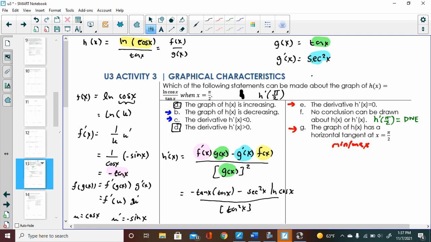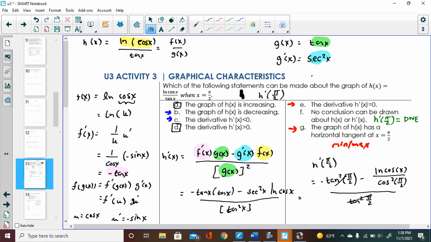So I'm going to simplify this a little bit, and I'm going to say h prime of pi over 2 equals negative tan squared of pi over 2 minus natural log of cosine of pi over 2 over cosine squared of pi over 2, over tan squared of pi over 2.